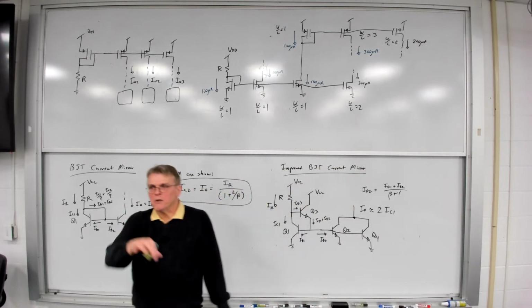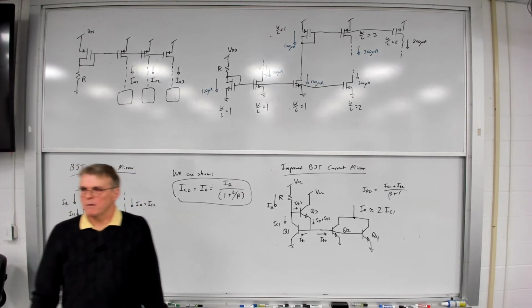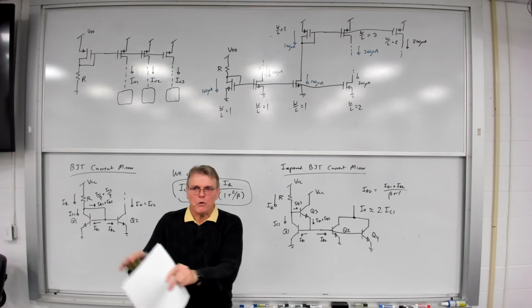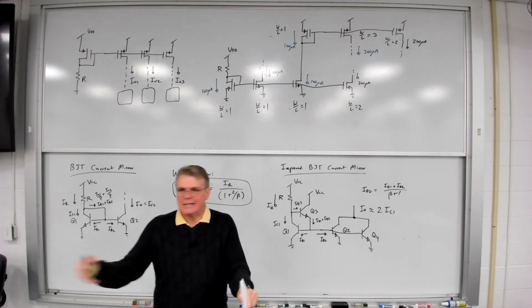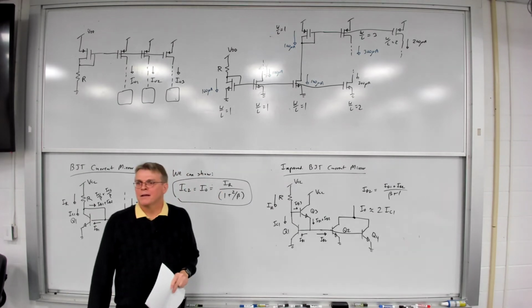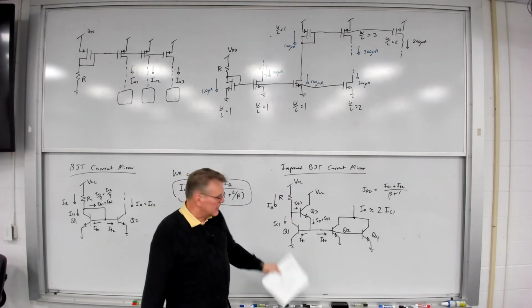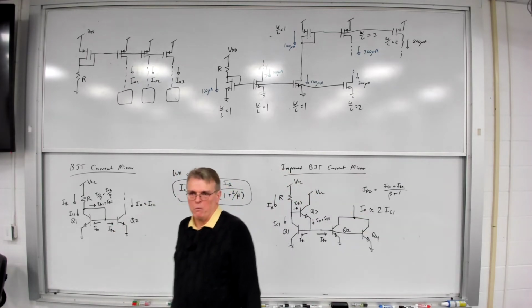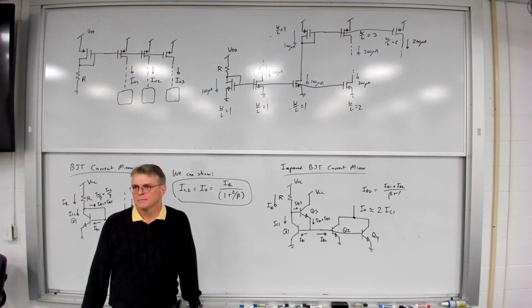So this is like the fingering idea I showed you with the fingered layouts for MOSFETs. Only in this case, I'm not really fingering them, I'm just using identical bipolar transistors and connecting them together in parallel. And so I get the same kind of effect. And I can add as many transistors as I want and get this current in larger multiples if I want to. So the same kind of idea at work.